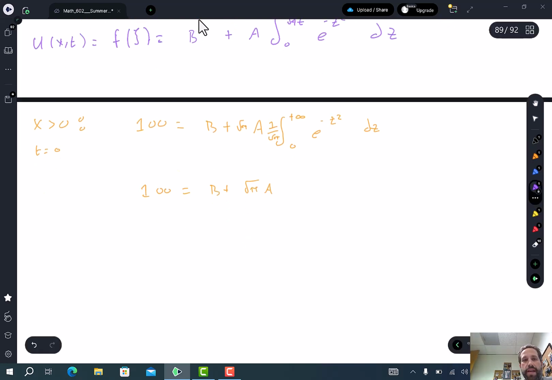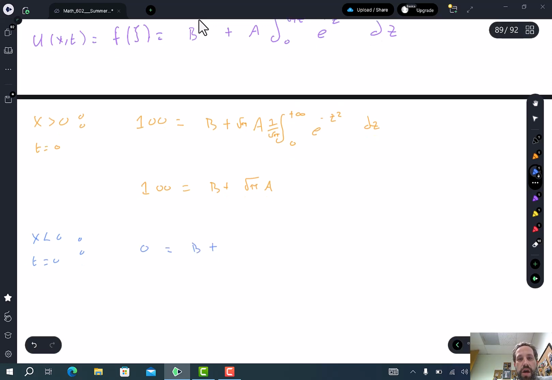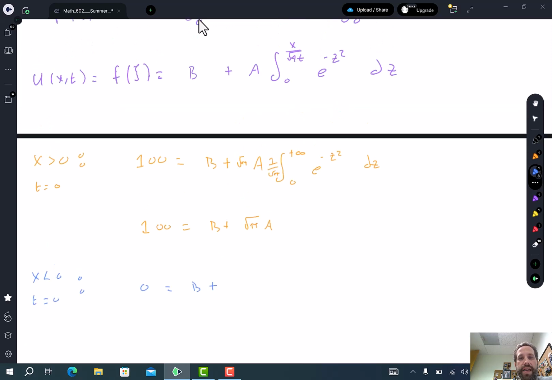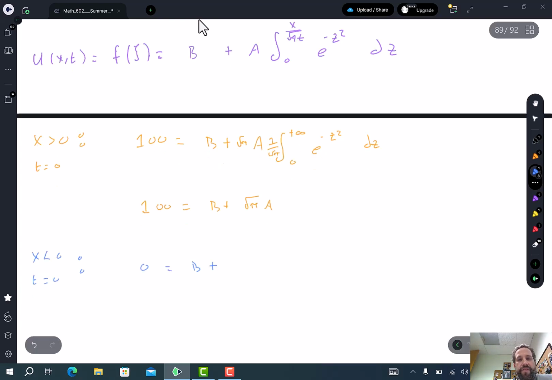On the other hand, if I look at, let's say, x is less than 0 and t is equal to 0, what am I going to get? I'm going to have 0 on the left axis; the initial condition is 0. It is going to be b plus, now x is negative, and I divide by 0. We can think about that as being negative infinity.